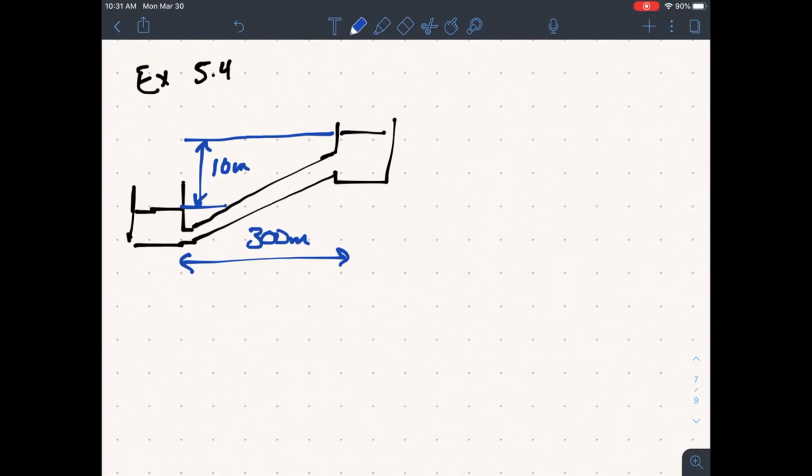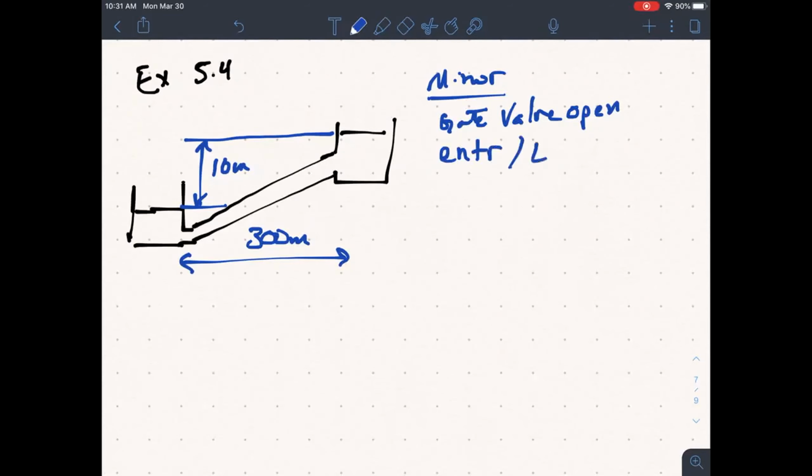We have some minor losses, a gate valve that's open. We have entrance and exit losses. And then we have a diameter of 0.4 meters, asphalt lined cast iron.